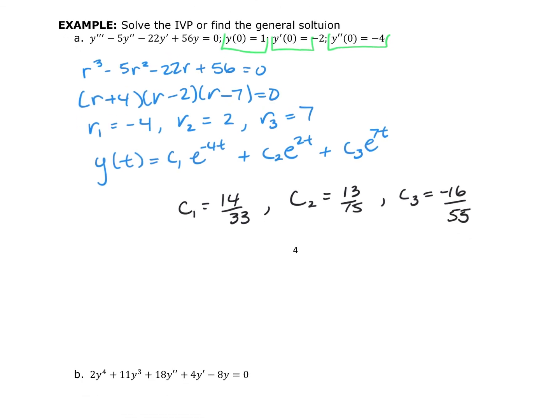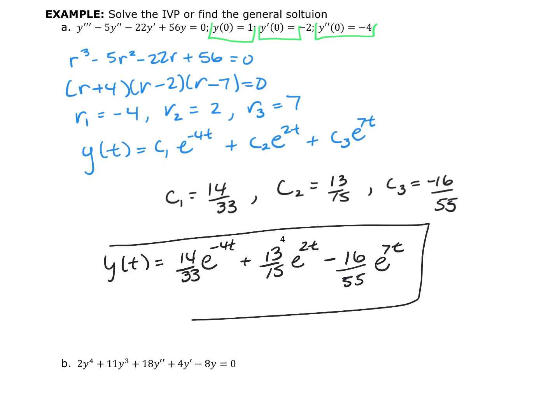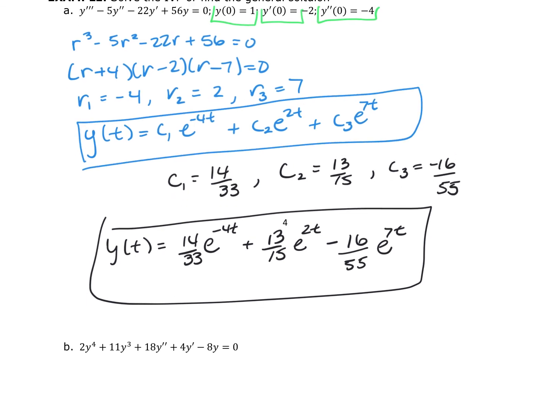So my particular solution is y of t equal to 14 over 33 e raised to the negative 4t plus 13 over 15 e raised to the 2t minus 16 over 55 e raised to the 7t. This is my particular solution, and here is my general solution.